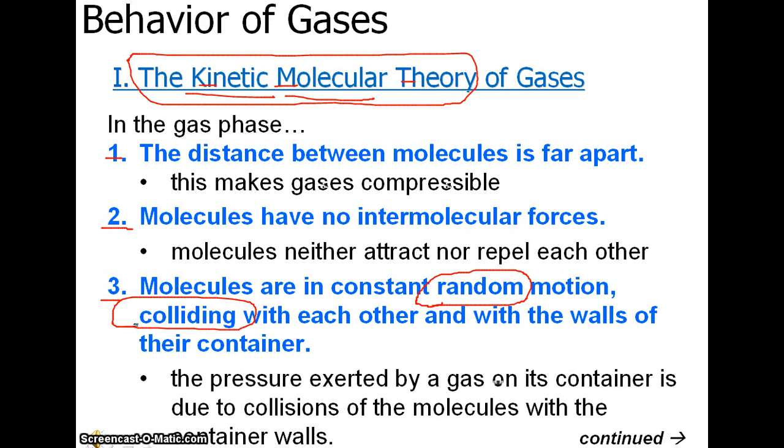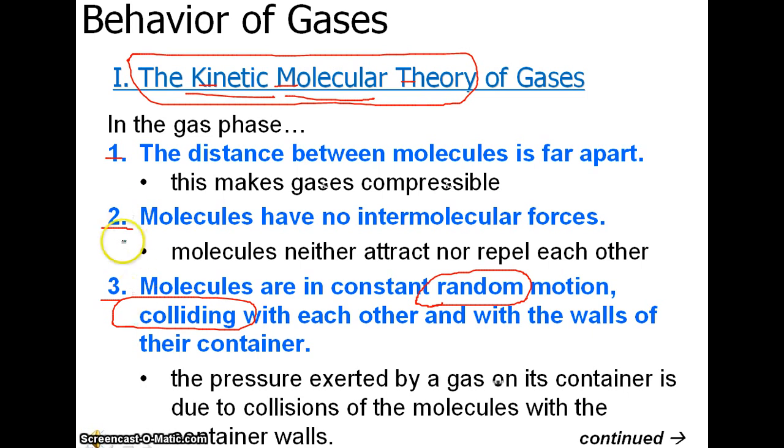If you think about kindergartners who've had a lot of sugar, maybe on Valentine's Day, they will run around a classroom in any direction. They run into each other, they run into desks, they run into the walls because they're just going crazy. Molecules within a gas are very similar because they have a lot of kinetic energy and they are going to collide with each other and collide with the walls of the container.